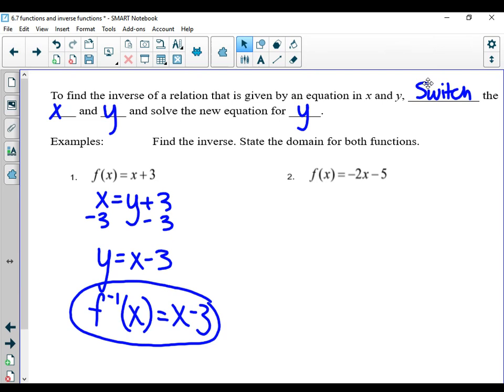The little -1 means the inverse of the function. So we can't just say y equals x plus 3 and then get an answer and say y also equals x minus 3. We have to say f of x equals x plus 3, but the inverse of f of x equals x minus 3. They're two totally different things.